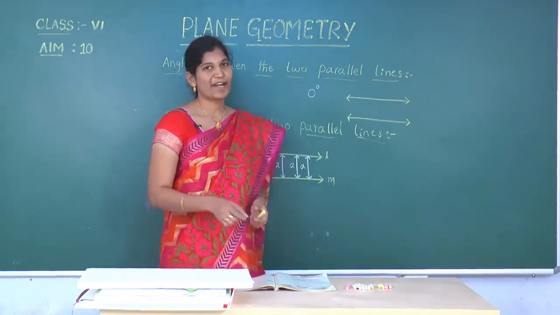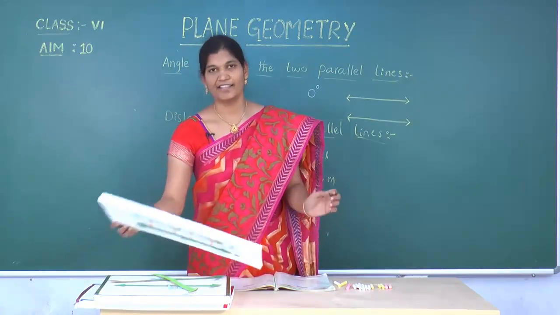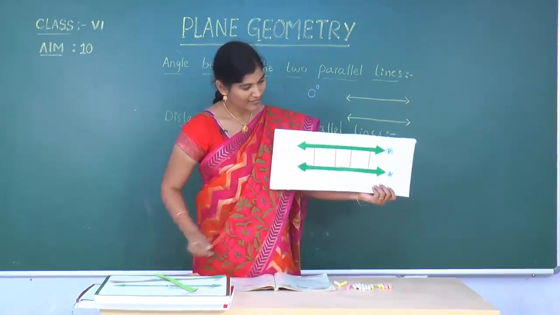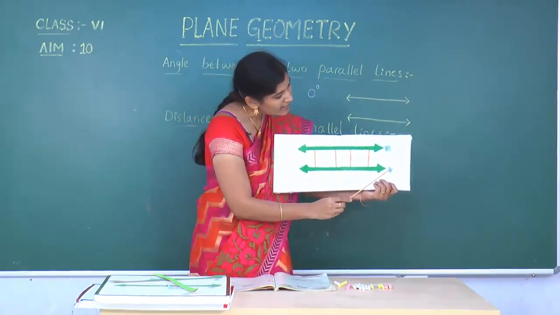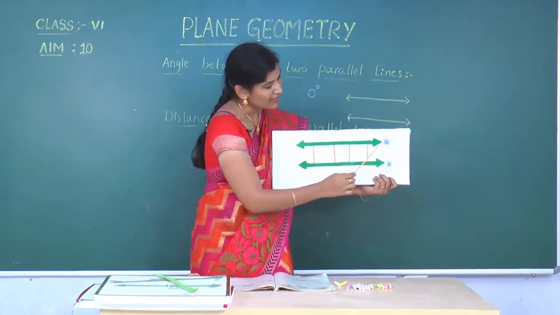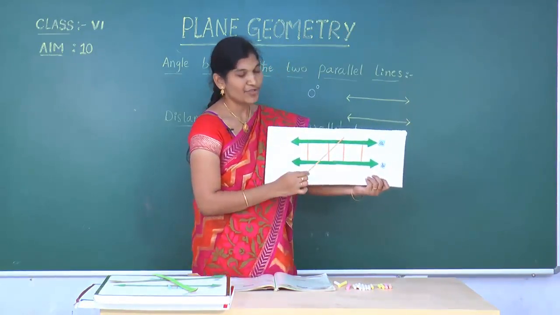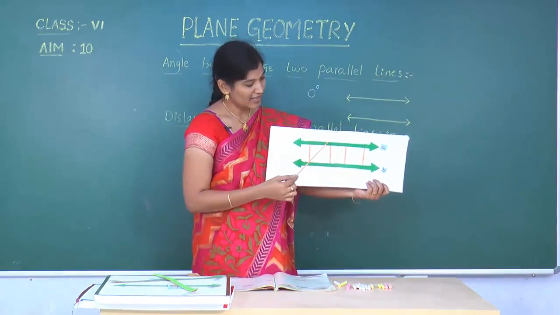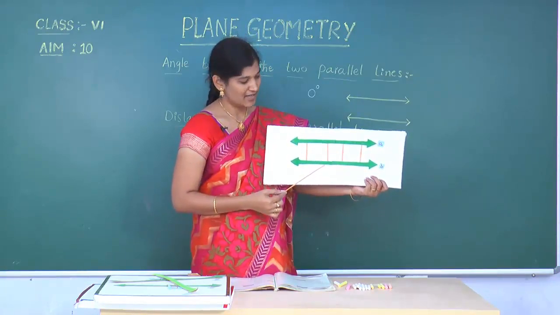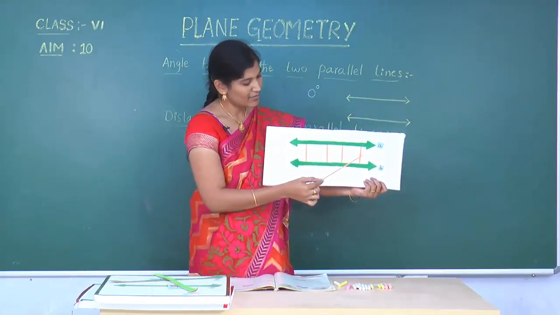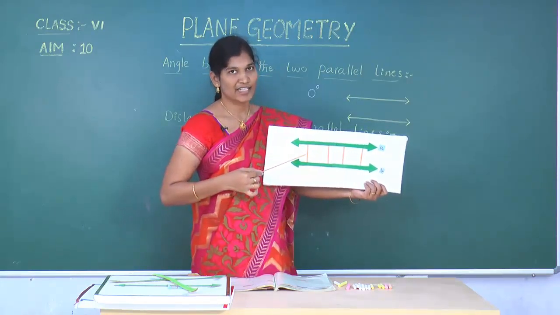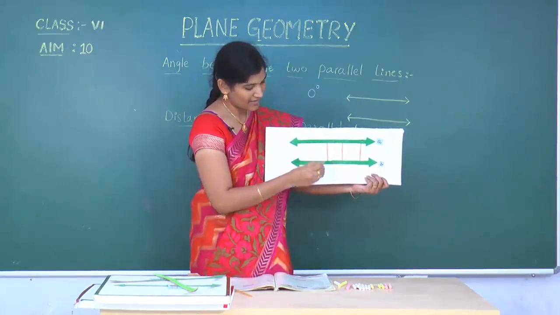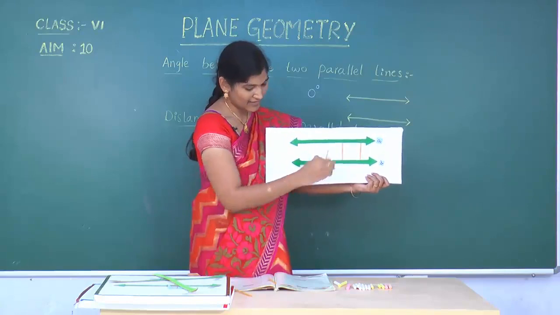Let me show you practically. Observe here, small a and small d are two lines which are in the same plane and they do not have any common point, and if you measure, the distance between them is constant. Let me check whether they are parallel or not. This is the distance here and this is the distance here.